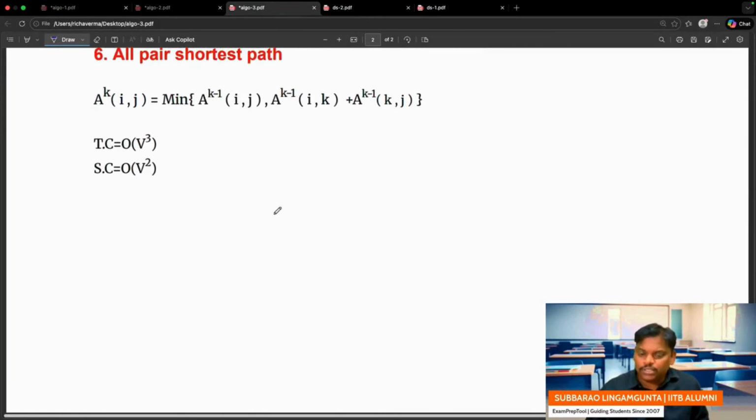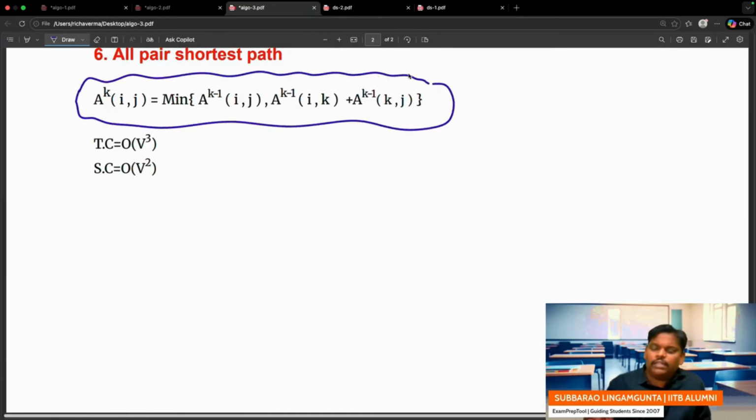All pairs shortest path. Remember this equation, the recurrence relation. If you observe, everywhere there are two parameters, and there is one more parameter. So totally it is almost like one table containing n square slots, repeated n times, so n cube time complexity.